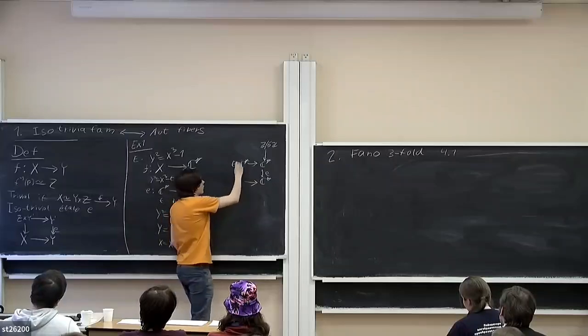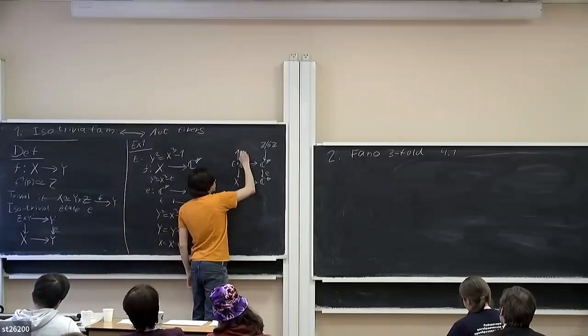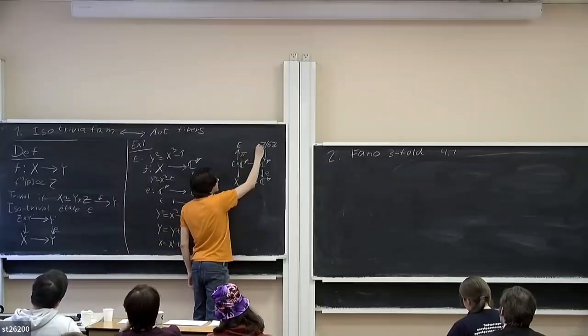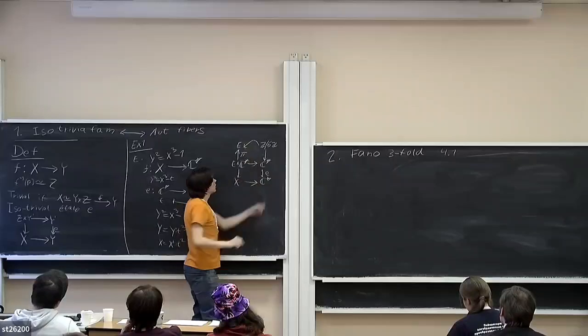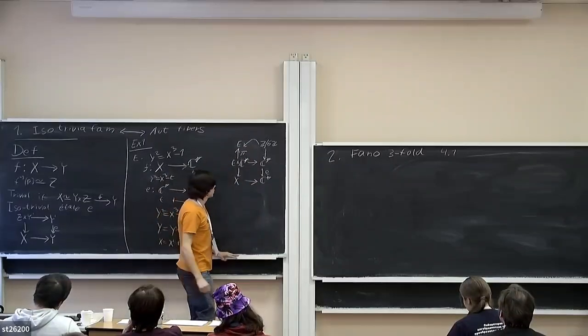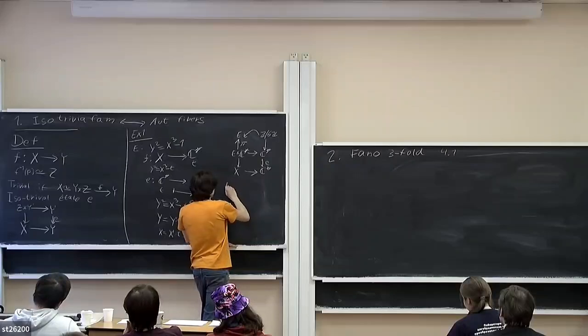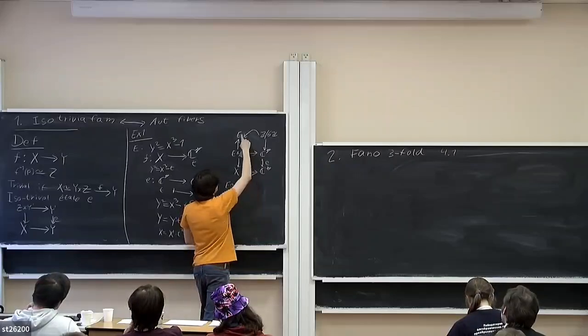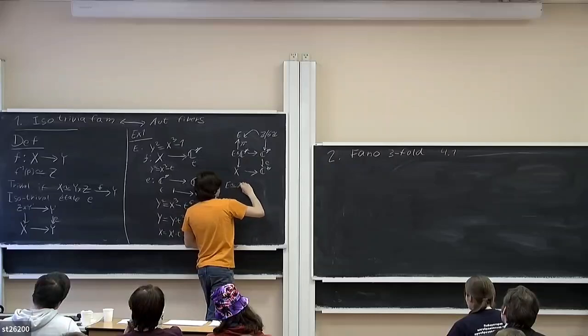So we have a projection here to E. And in fact, this group acts on these fibers, and they act as follows. We have an isomorphism between the affine elliptic curve E and the fiber.